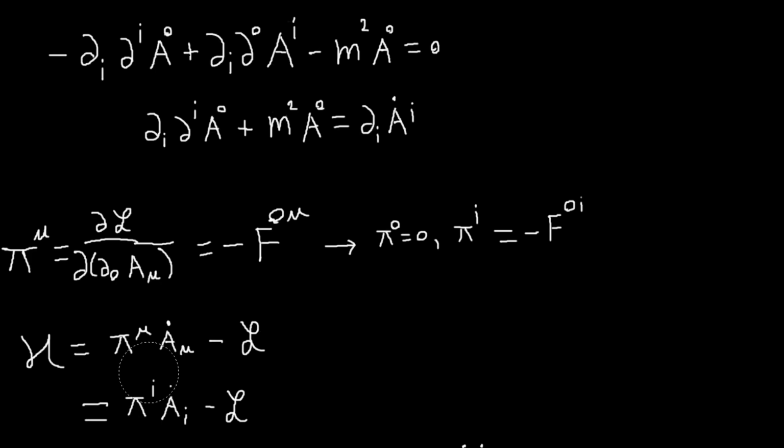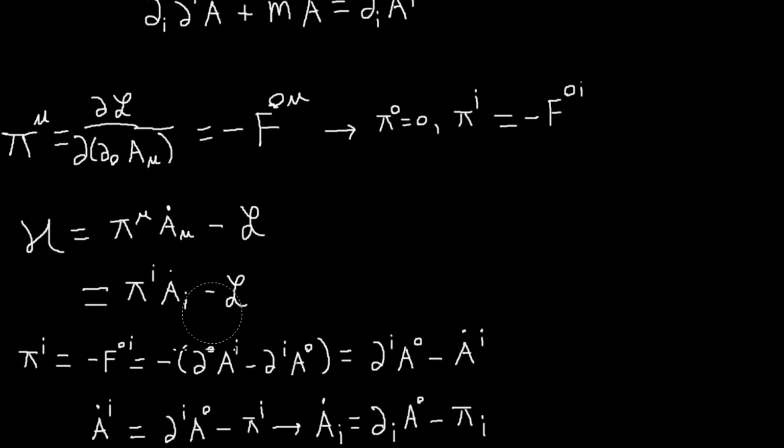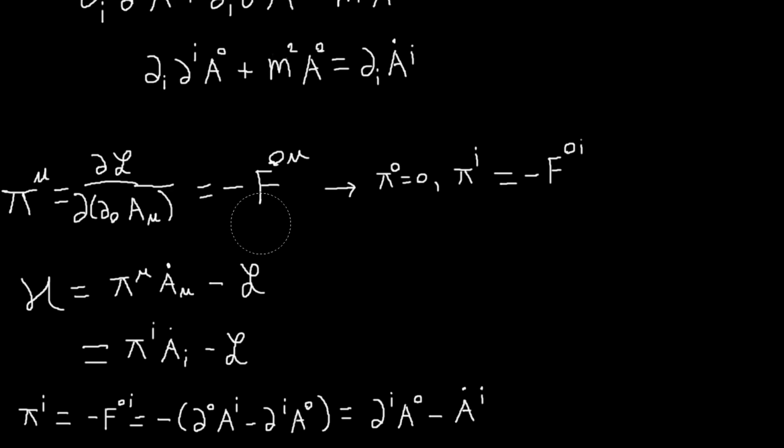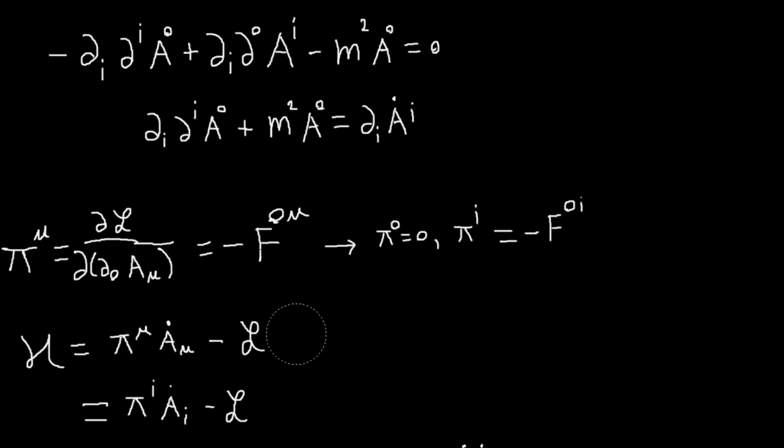And we know that π^0 is 0, so we can just replace the sum with just the spatial part of the sum. And okay, like in classical mechanics, when we're writing out the Hamiltonian, we need to replace the velocities, or the time derivatives of our coordinates, with the conjugate momentum.